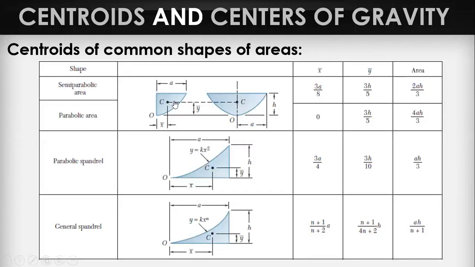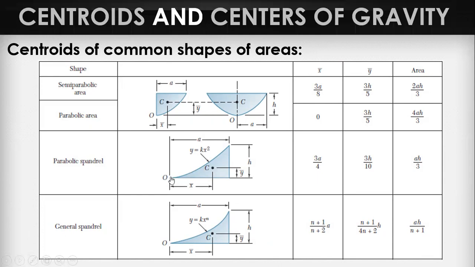And then we have semi-parabolic area, this one, and parabolic area. And then parabolic spandrel, ano yung centroid niya? Always remember our reference, like 3/4 of A is referred there sa vertex.